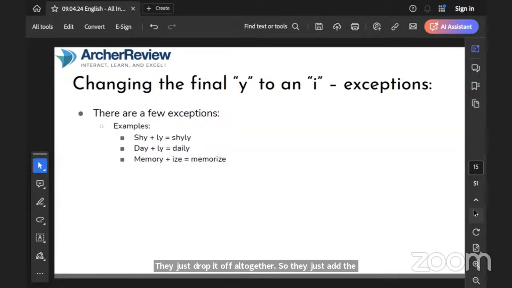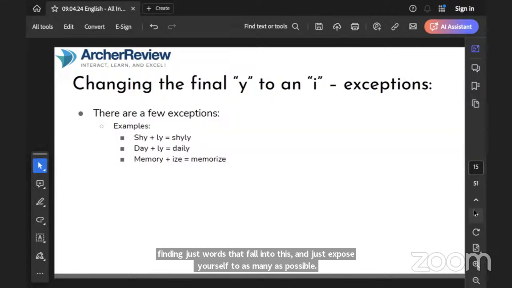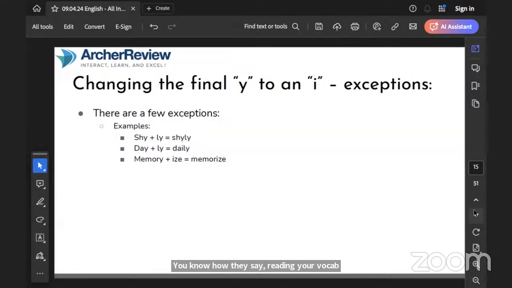See that? So again, these are just random exceptions that exist out there in the universe. And if this is something you're noticing you're missing, then I would strongly recommend Googling and finding words that fall into this and just exposing yourself to as many as possible. You know how they say reading expands your vocabulary? It's kind of the same concept here.